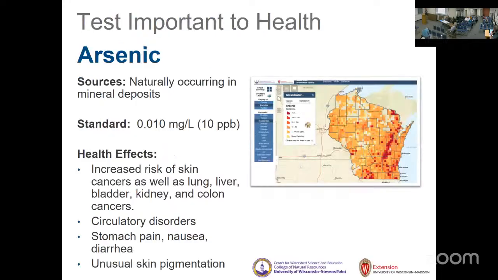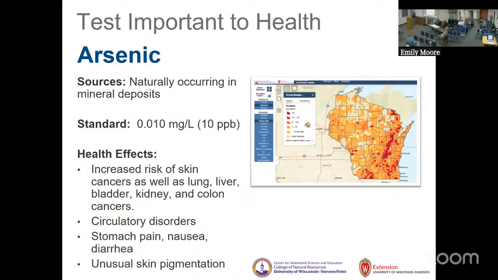Arsenic is another test that's important to health. Here in Wisconsin, we have some of the highest concentrations anywhere in the world. In eastern Wisconsin, you'll see that red band, particularly along the shore of Lake Winnebago. There's a certain geologic layer that's really high in arsenic. Occasionally, we'll find arsenic at elevated levels in other parts of the state.